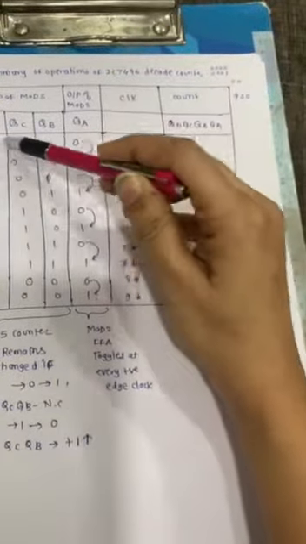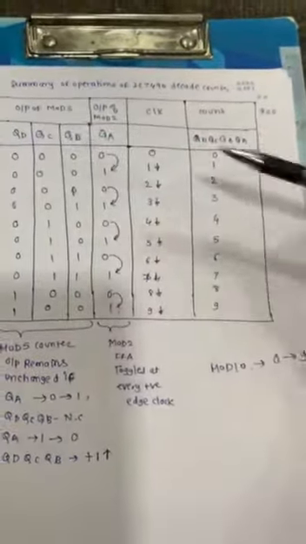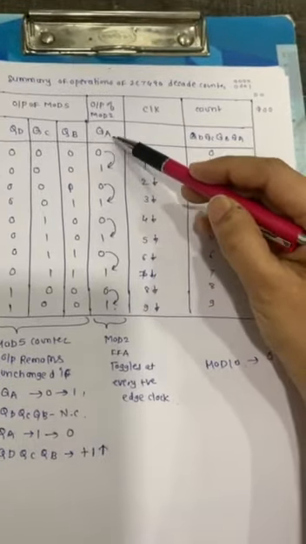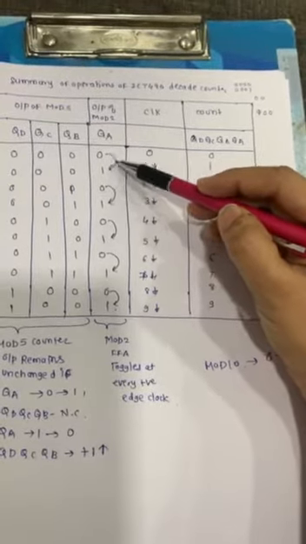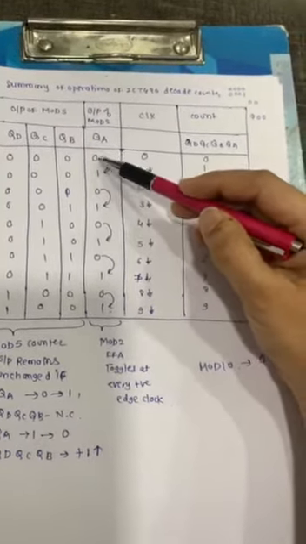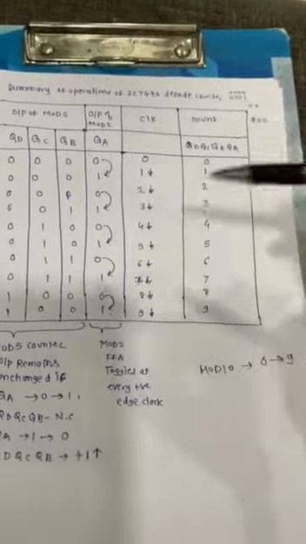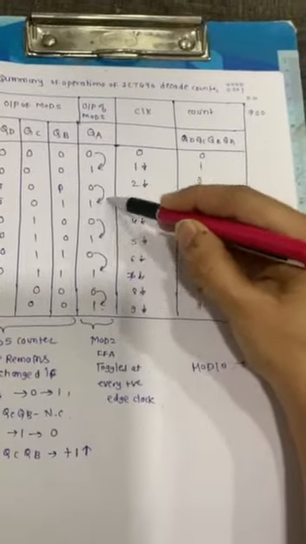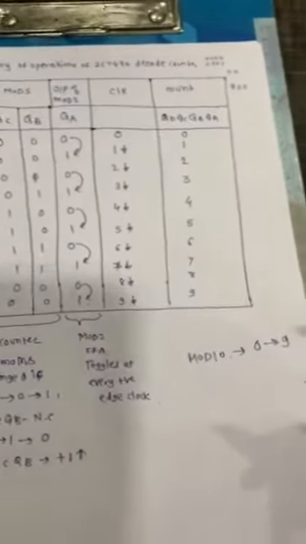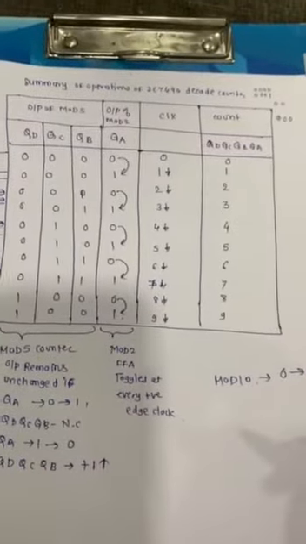Now see here, this is the output of the mod 5 counter, and this is the output of the first, the mod 2 counter. The mod 2 counter's output changes at every falling edge, from 0 to 1 and back, so it toggles at every falling edge of the clock.